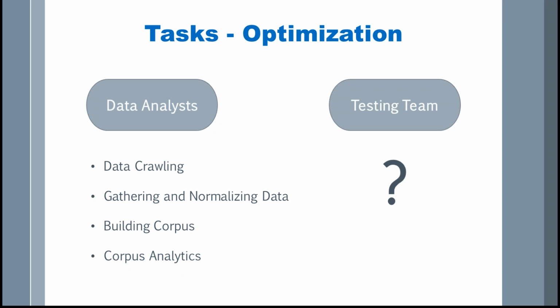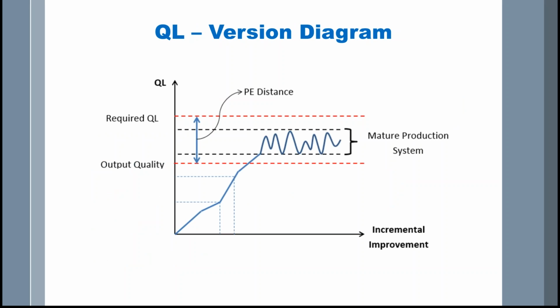How is it possible for the team to improve the output quality of the engine? I mean the engine's life cycle in general. Here you can see a diagram. It basically describes how the systems behave before obtaining a mature production system.